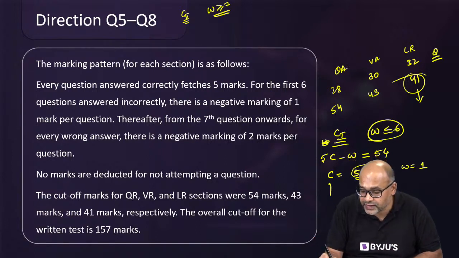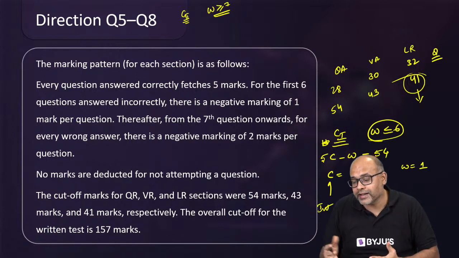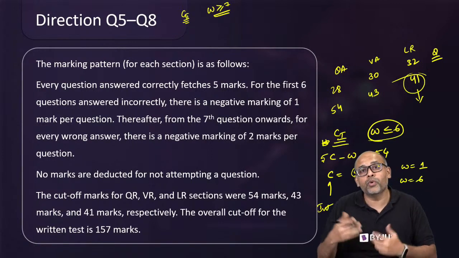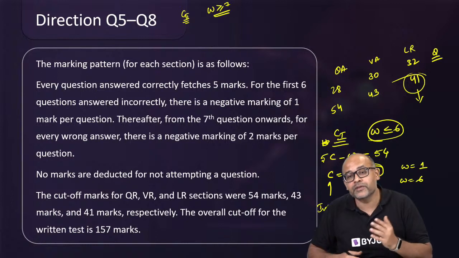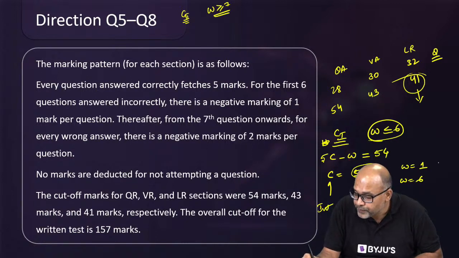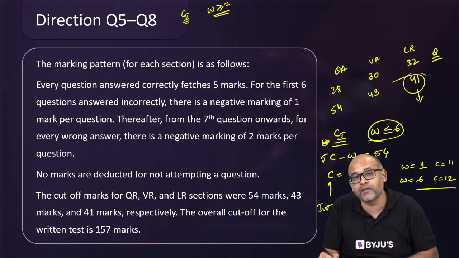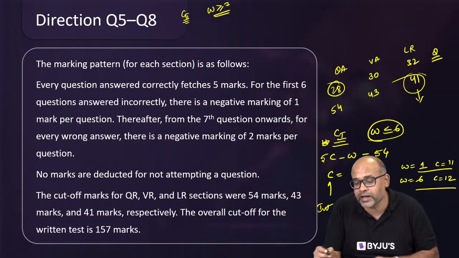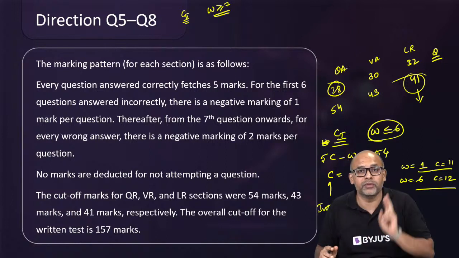So W can be 1, or the next possibility is W can be 6, because in both cases your numerator will become 55 and 56 respectively, which means you will get C as 11 and C as 12. And you can see that 6 plus 12 is within the range because you have a total of 28, so no problem. 11 plus 1 is also within the range. So in case 1 you have 2 possibilities.